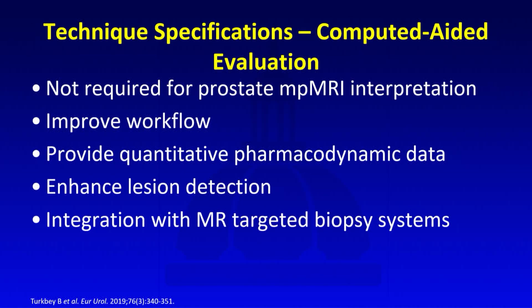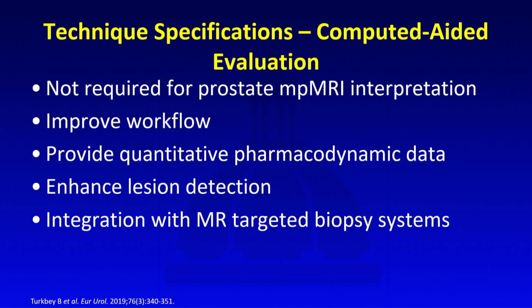And what about CAD? It's not required for multiparametric prostate MRI interpretation, but it may improve the workflow, and it can give you some quantitative data, may help with the lesion detection. But for us, the biggest motivation is really to help with that segmentation and the lesion contouring for fusion biopsy.